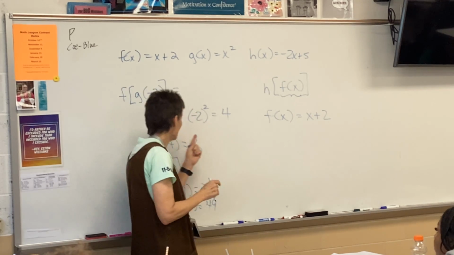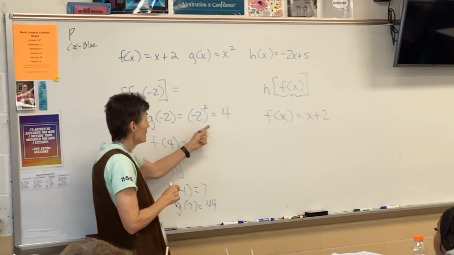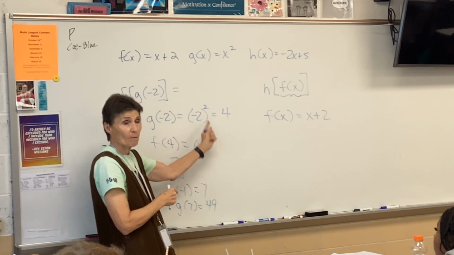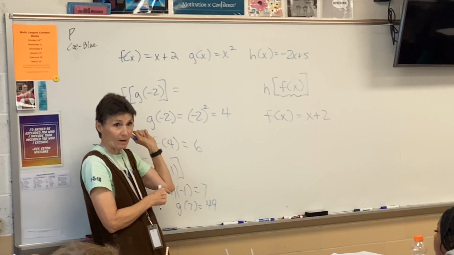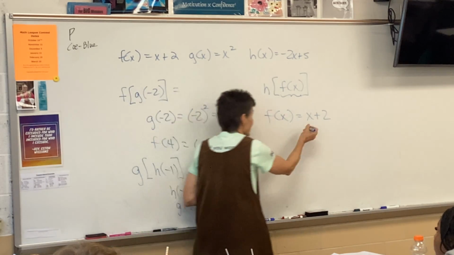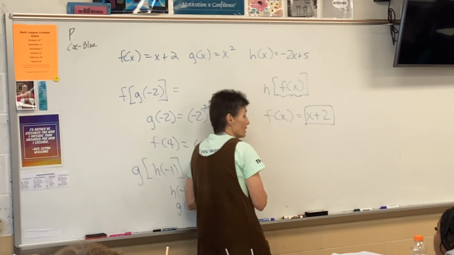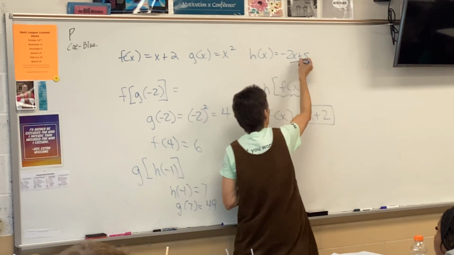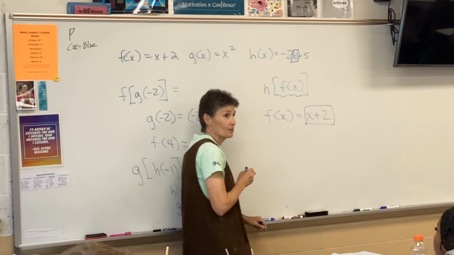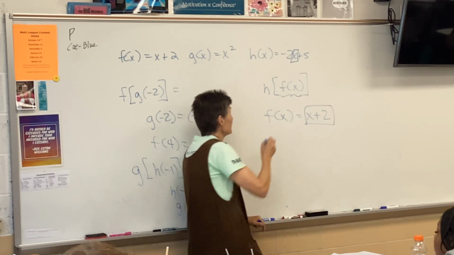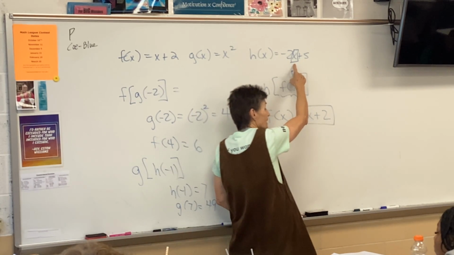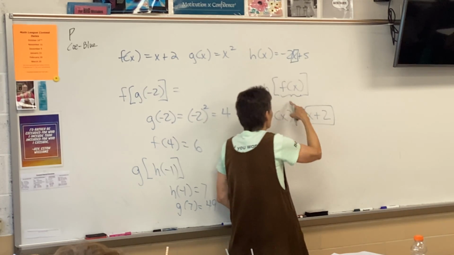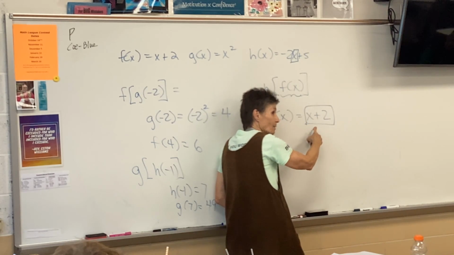Now, when you plug in that first number, you get an answer, and then the answer is supposed to be plugged into the next function, right? Well, this is our answer. So that is what is getting plugged into h. So we're going to take out the x in function h and plug in f of x, that answer right there.